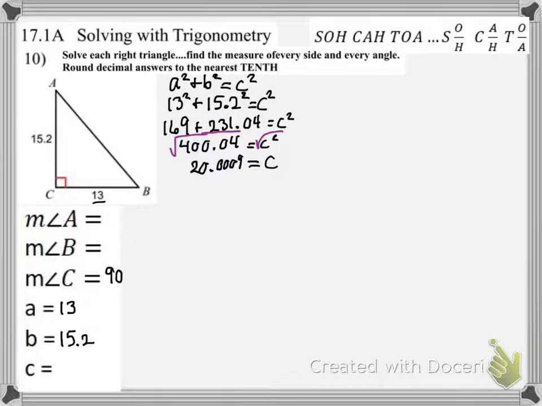If I'm rounding to the nearest tenth, I would say that that is approximately 20. Oh my goodness, I misspoke: the square root of 400 isn't 200, it's 20. I'm going to keep 20.0 so that if somebody looks at it later, they know that I did keep it accurate to the nearest tenth, even though it's looking like a whole number.